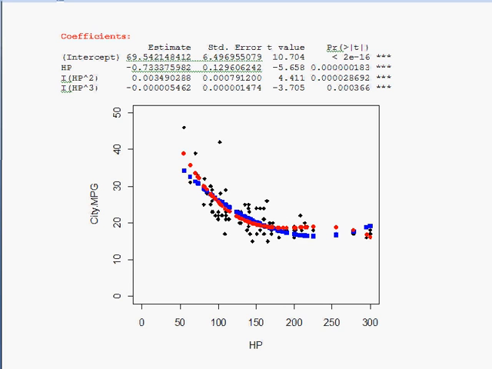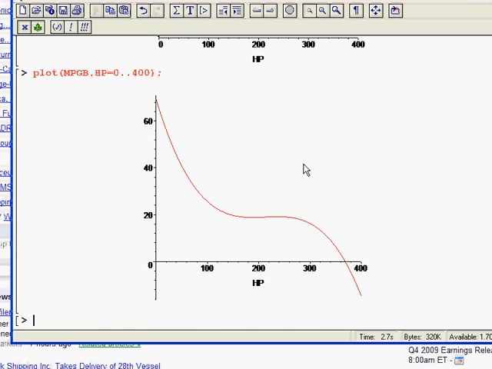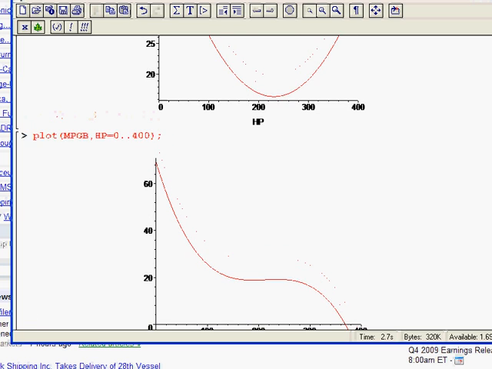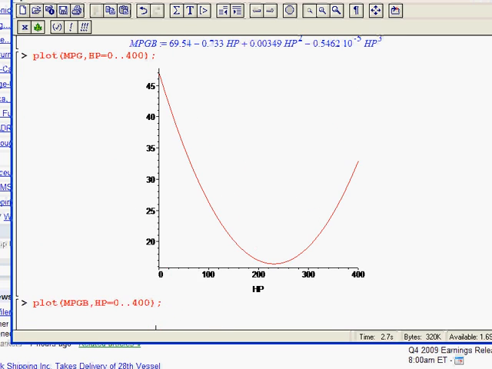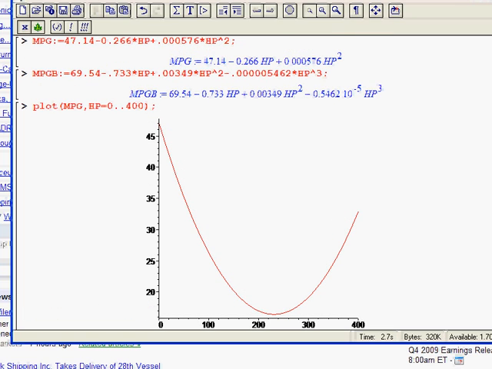So looking at the graph is important when you do modeling like this. Not a lot of people that I know actually do plots to see what the shape actually does, how it behaves. Now, another thing is, how can we interpret, or is there a way to interpret the minus 0.266 and then this plus 0.000576?